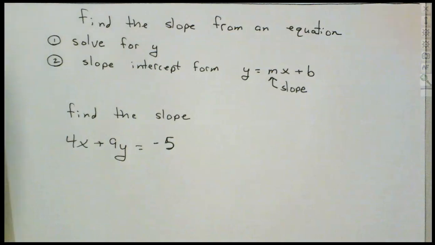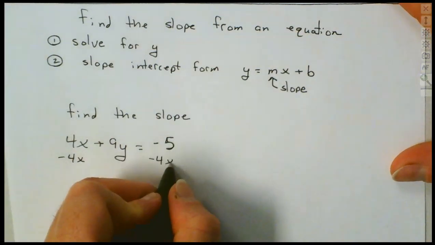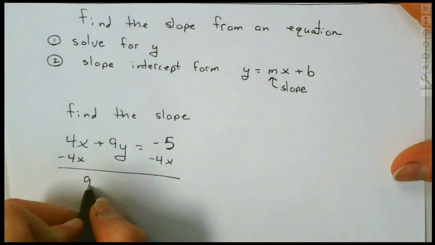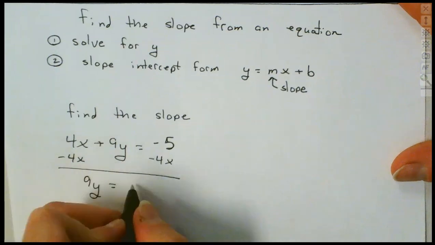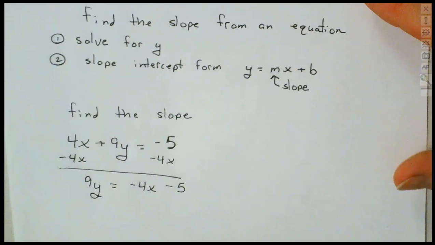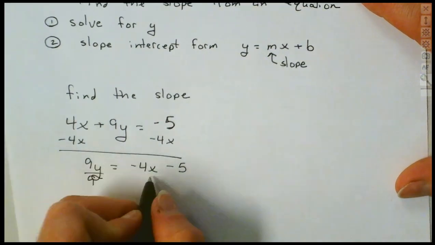So we move that 4x over. We're trying to solve this all for y. So then that becomes 9y equals minus 4x minus 5. Divide everything by the 9.